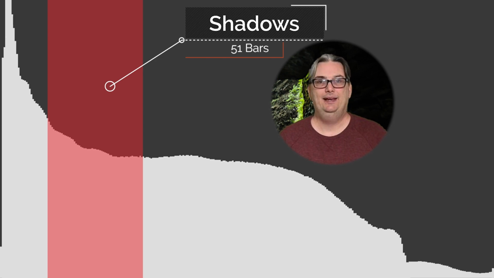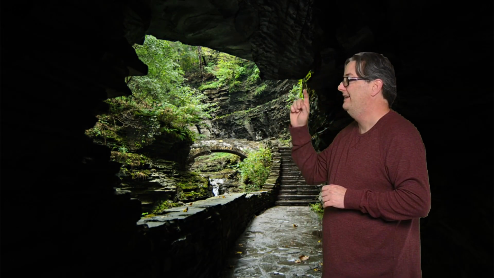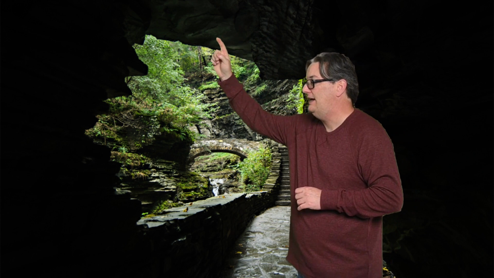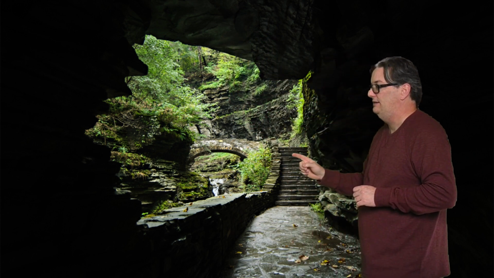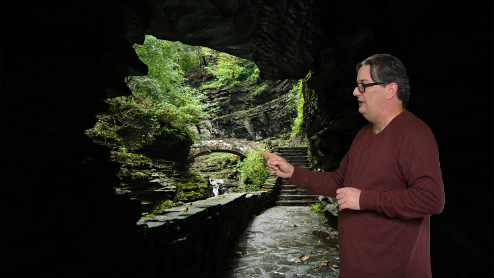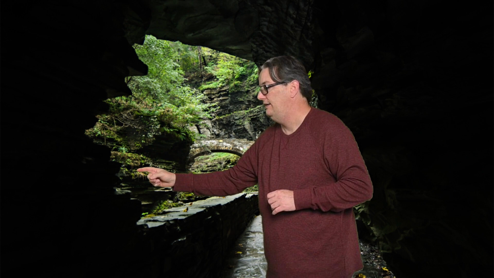So the blacks are followed by what is known as the shadows, and it includes 51 bars. Again, we have some lighter shades of black or shadows on the inside of the cave right here. We also have some on the steps here, and then of course in different parts of the image here, here, and down here. Those are all shadows.